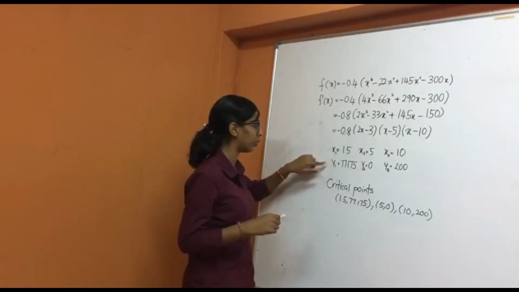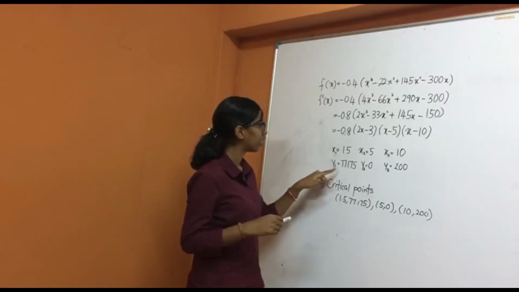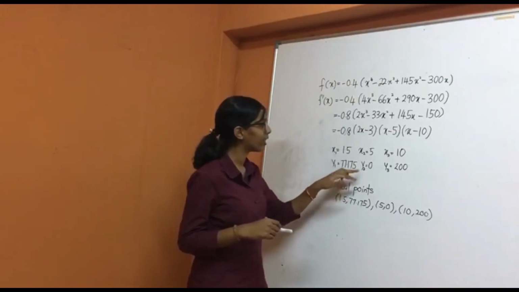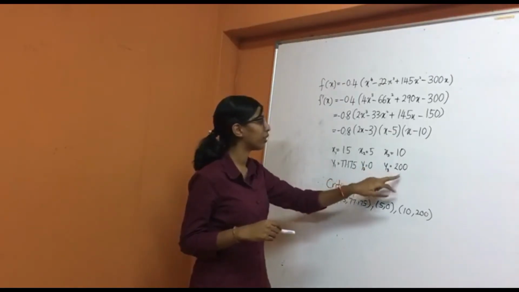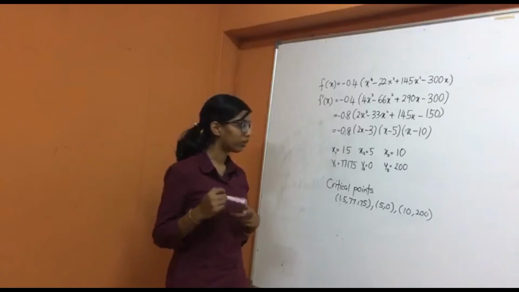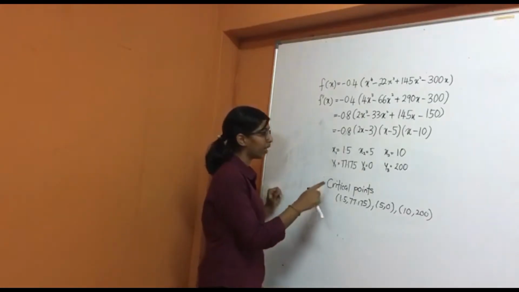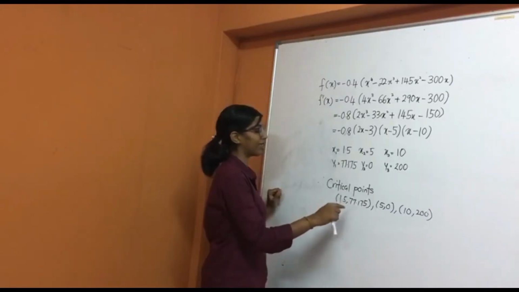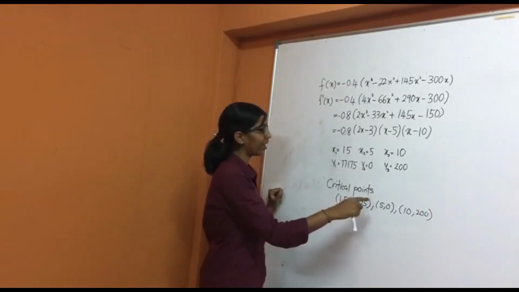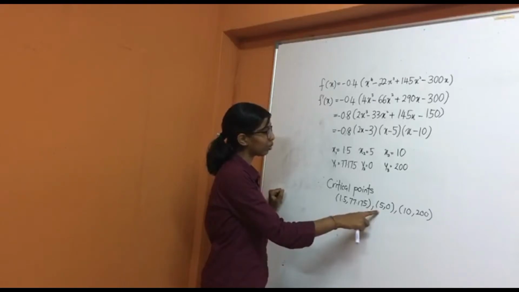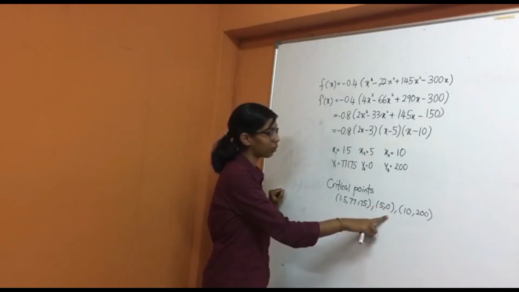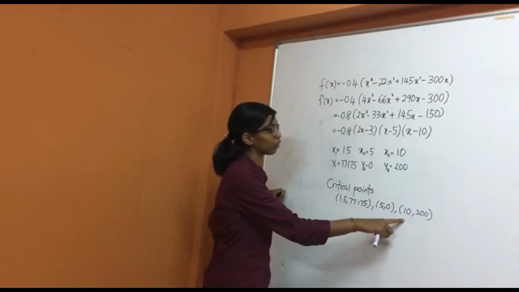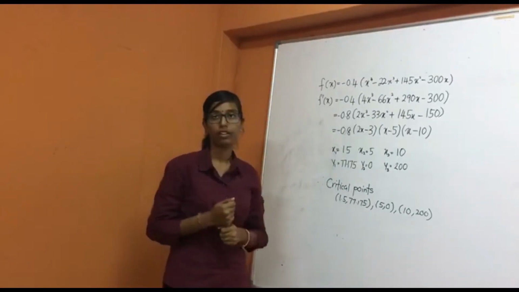The y value will be 77.175, y2 will be 0, y3 will be 200. So in conclusion, our critical points will be x1 equals 1.5, and the y value will be 77.175. Second, x2 equals 5, then y2 will be 0. x3 equals 10, then y3 will be 200.